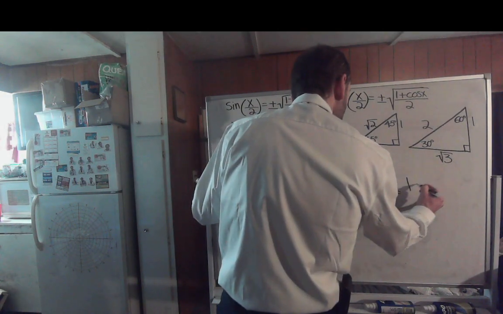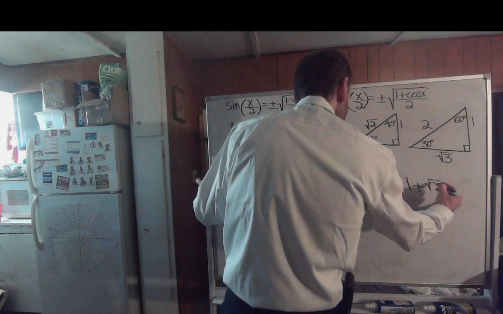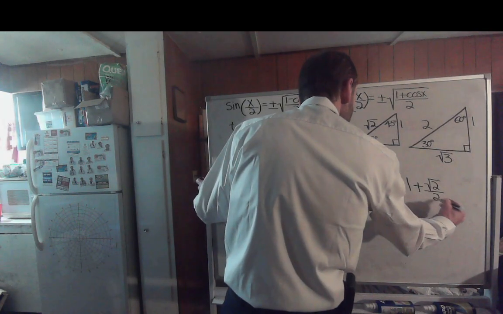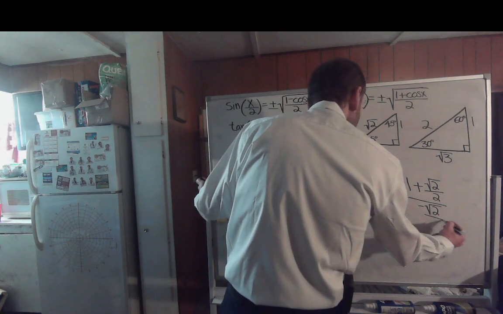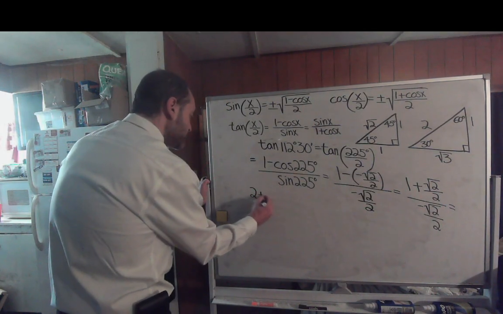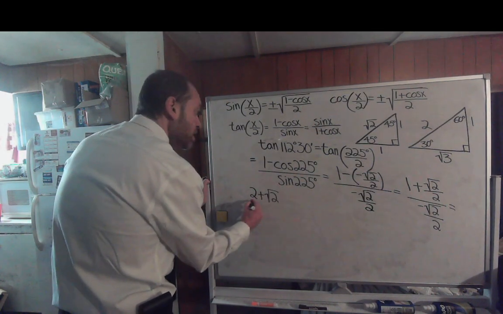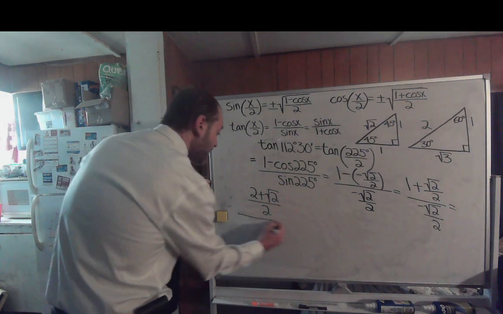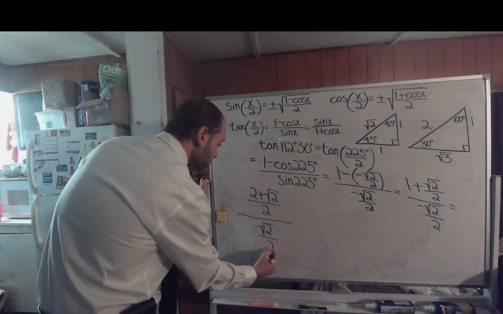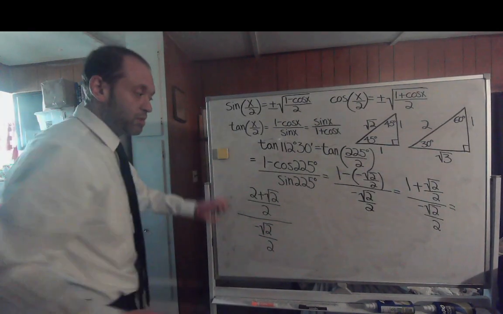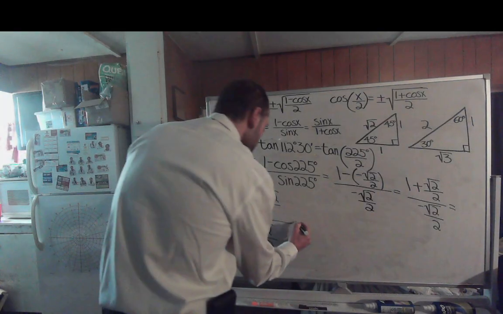So let's simplify this more. You would end up getting 1 plus the square root of 2 over 2, all over negative square root of 2 over 2, which would simplify into 2 plus the square root of 2 all over 2, all that all over negative square root of 2 over 2. Now we just have to invert and multiply the complex fraction.